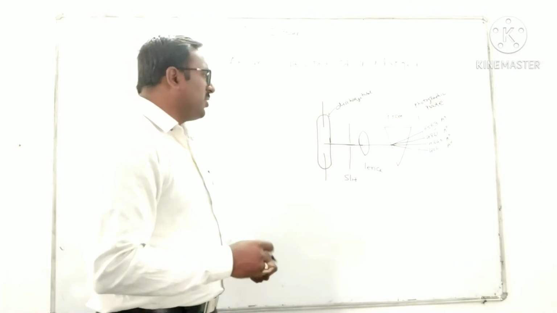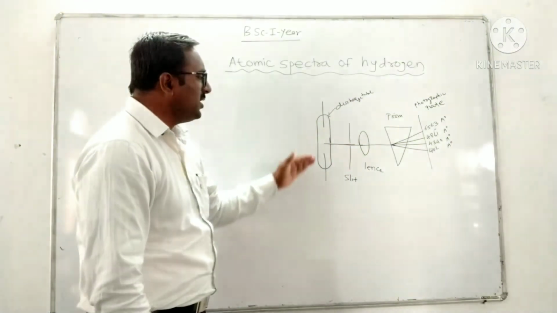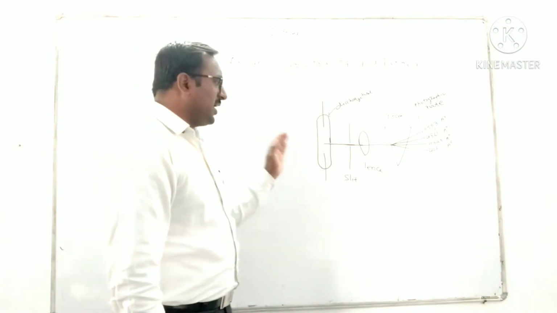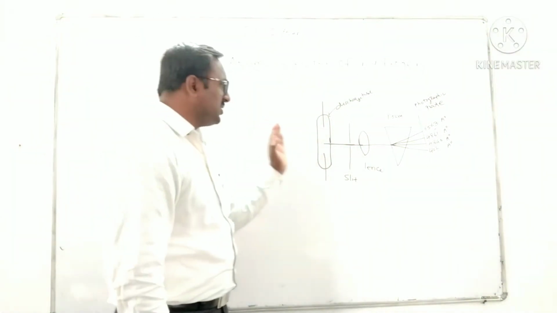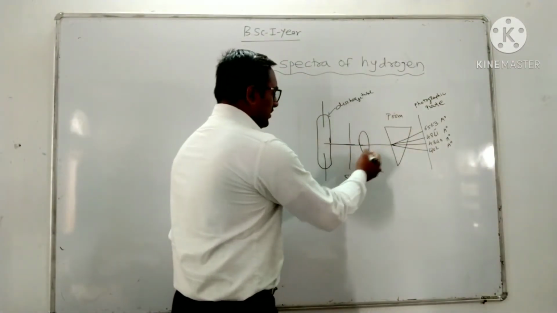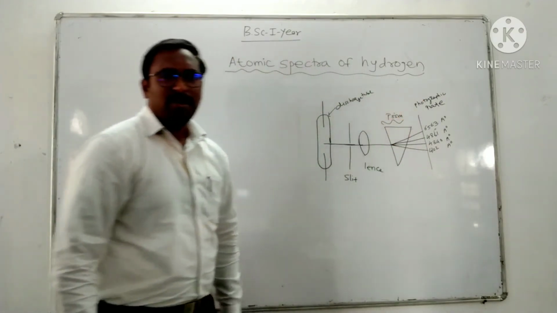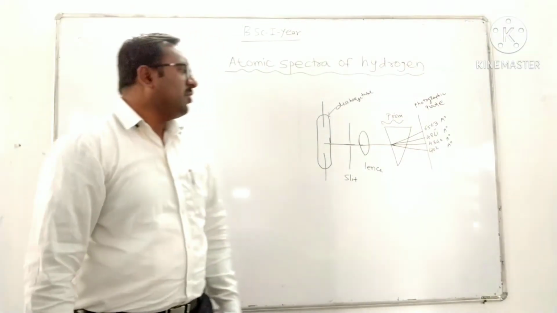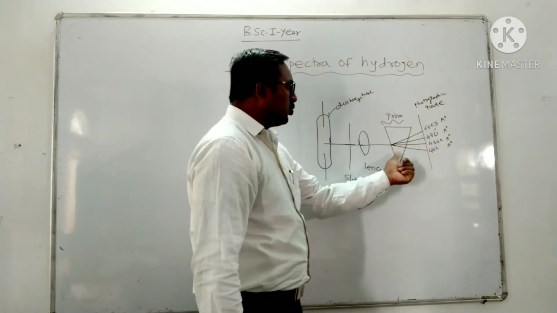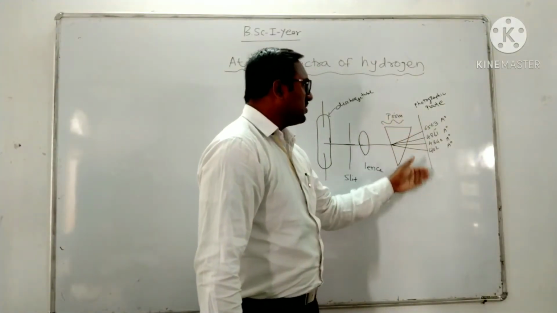To obtain the spectra of hydrogen gas, the hydrogen gas is filled in a discharge tube. High voltage is applied to the discharge tube, and during the excitation process the radiation emitted in the discharge tube comes out through a slit, then passes through a lens and is analyzed through a prism, or it may be analyzed through a spectrometer. When we pass the radiation emitted from hydrogen gas through the glass prism, we obtain different lines on the photographic plate.